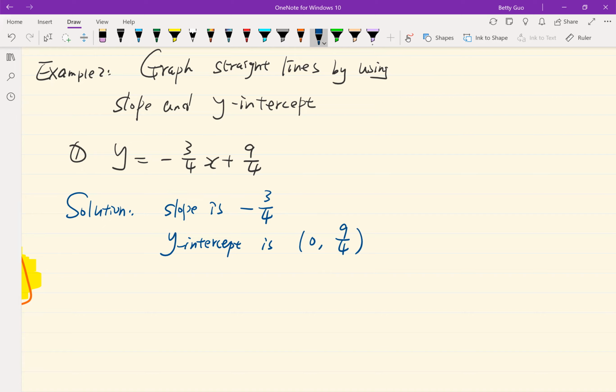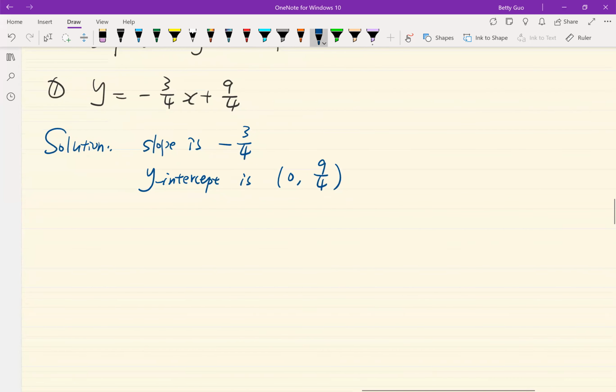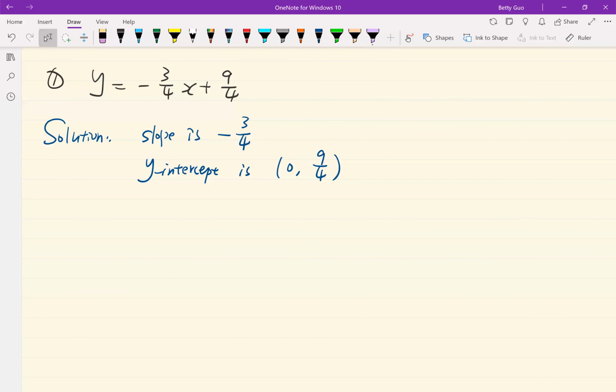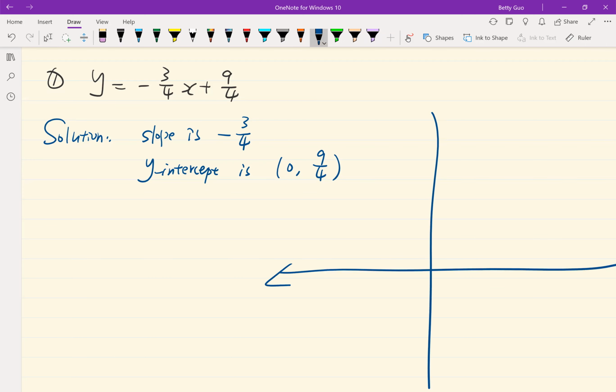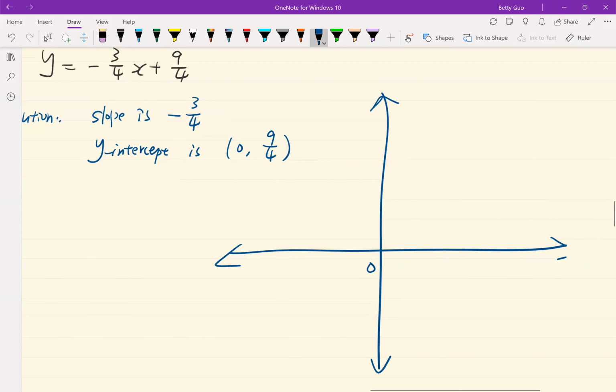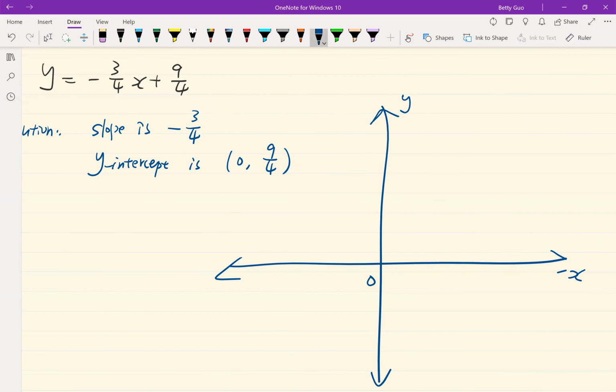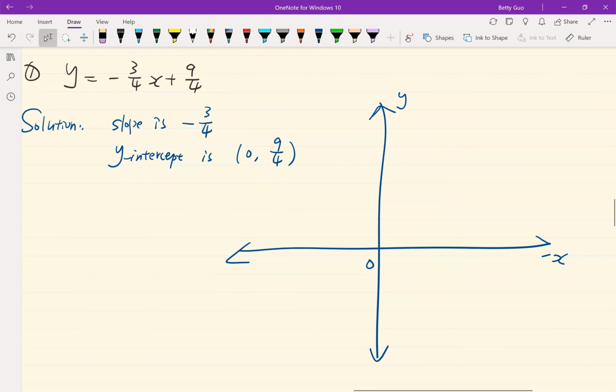Yeah, so let me show you how we graph the straight line by using its slope and a y-intercept. In a rectangular coordinate system, we plot y-intercept first. So step 1.